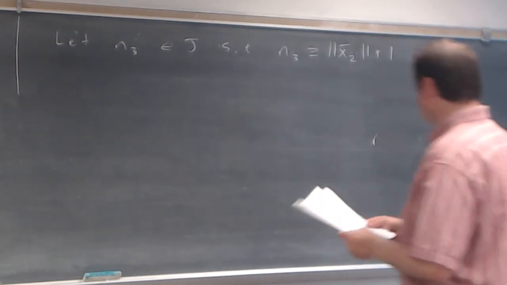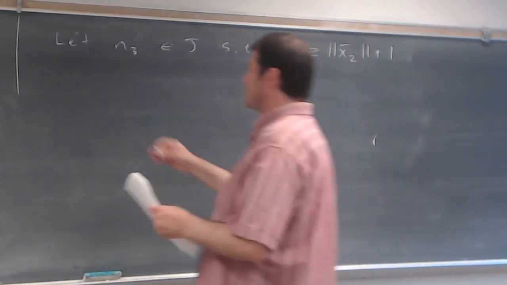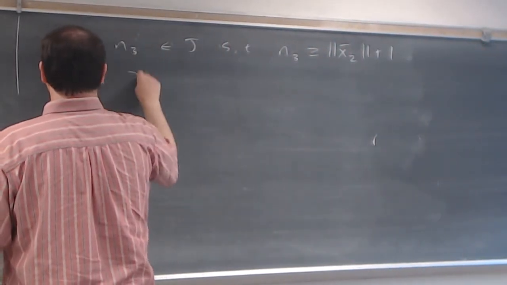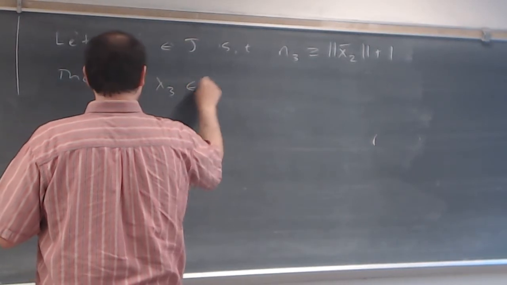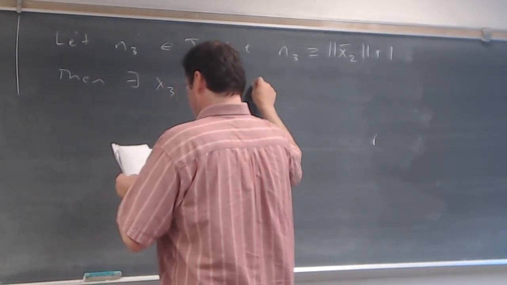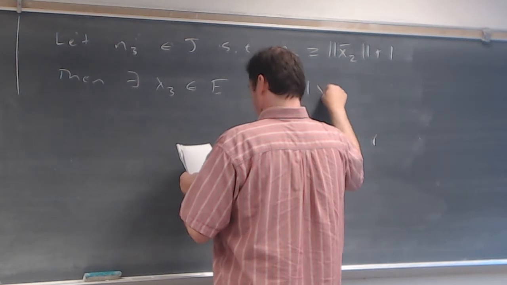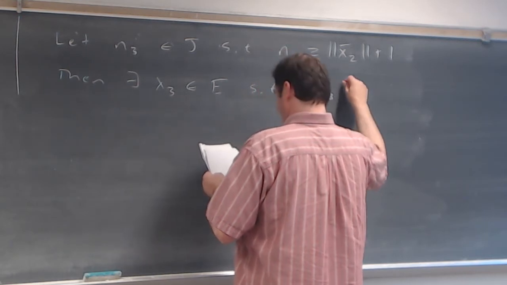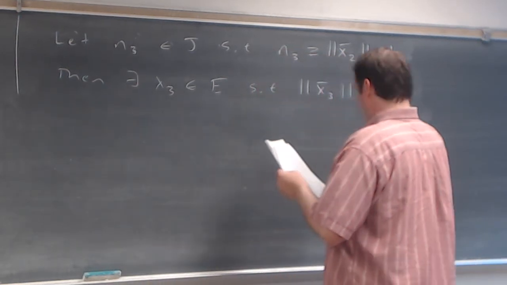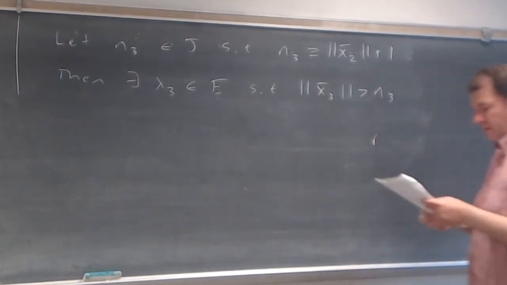Okay. All right, then there exists an x sub 3, an element of E, such that the norm of x sub 3 will be greater than n sub 3.